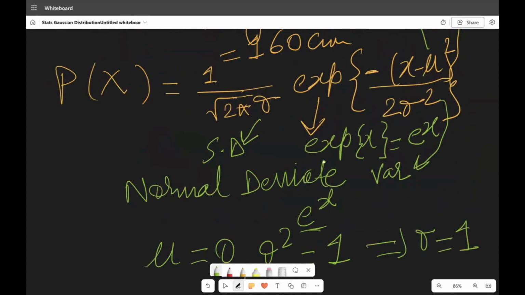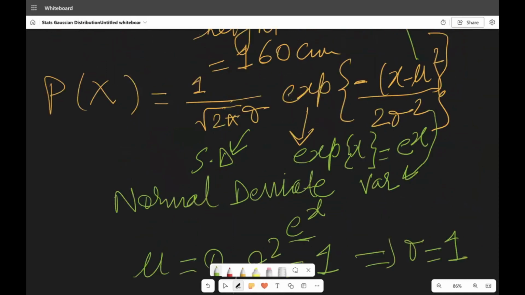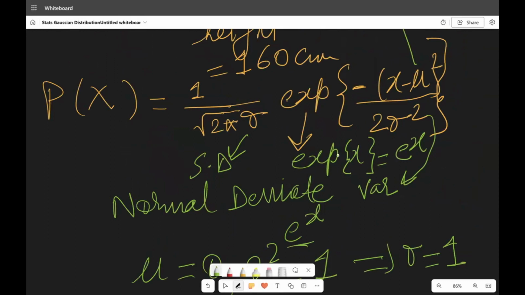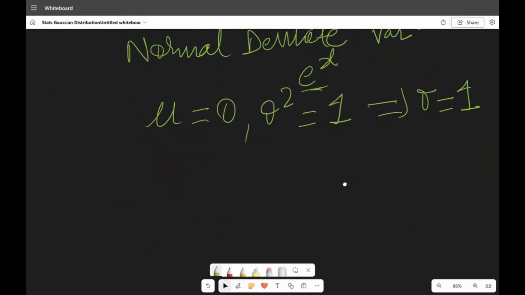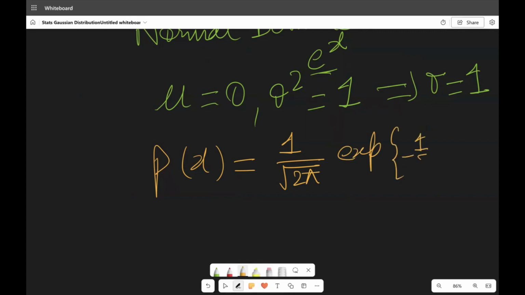The reduced form of the equation: if I consider this whole expression as, let's say, x, then P(x) is equal to 1 by root 2 pi, since sigma is equal to 1, times exponential of minus 1 by 2 x square.